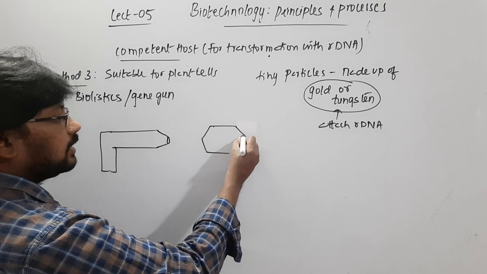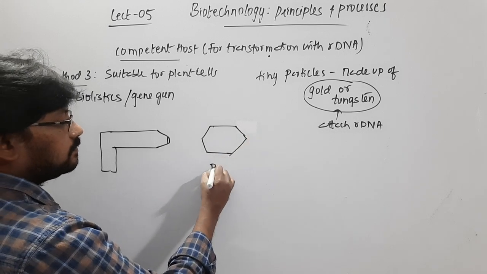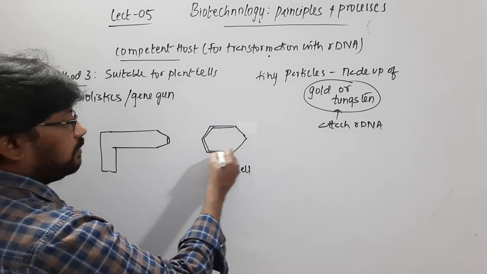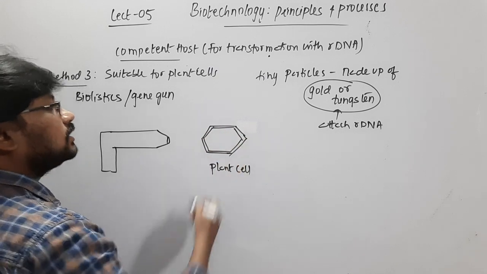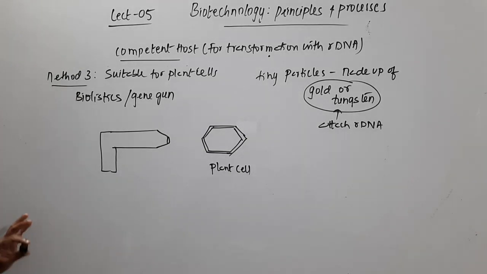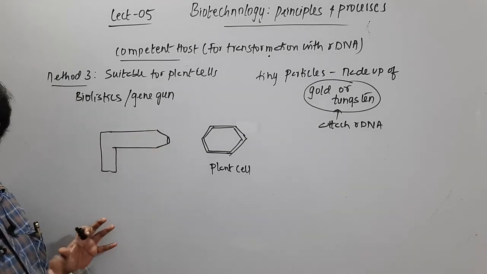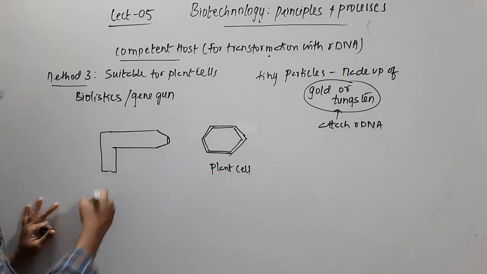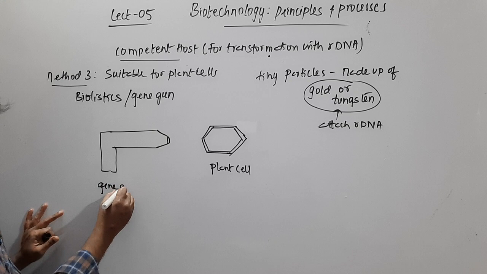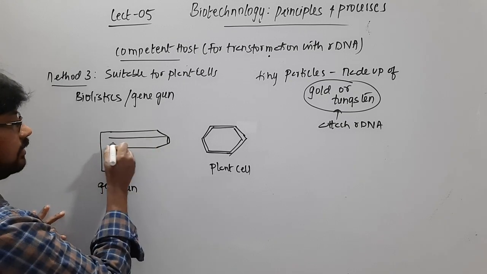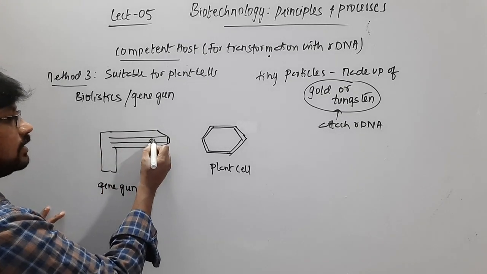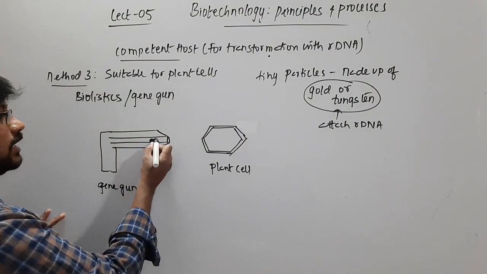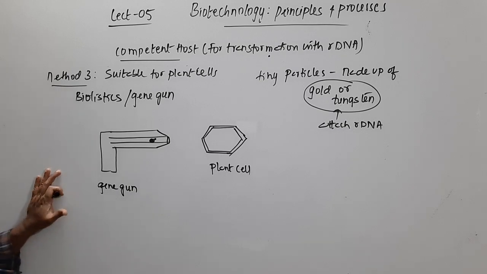here is a plant cell. Plant cells have cell walls, so microinjection will be difficult to use on the plant cell. Hence we will be using a gene gun, loaded with the gold or tungsten particles that attach to the rDNA.